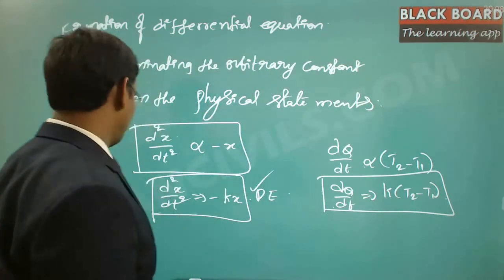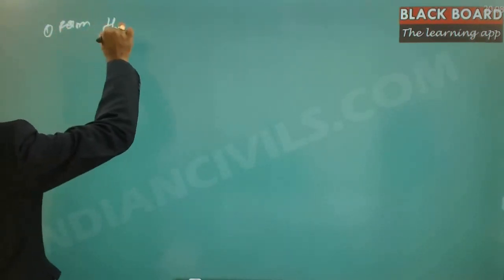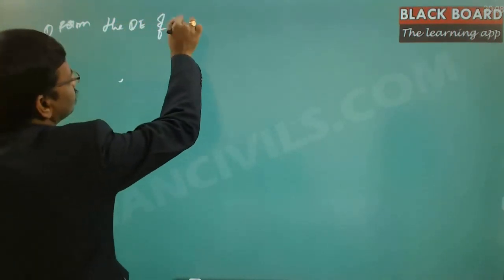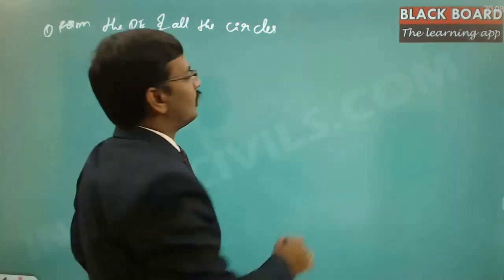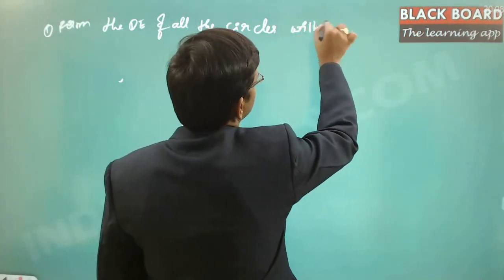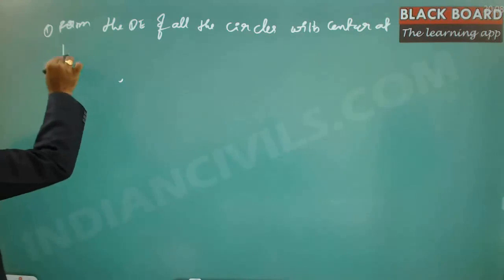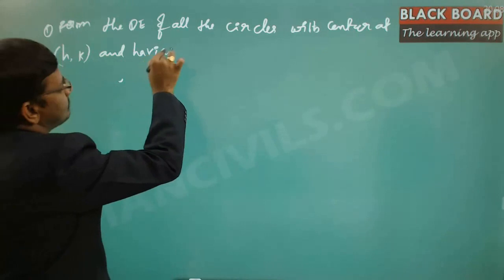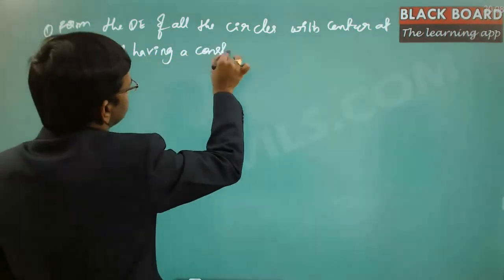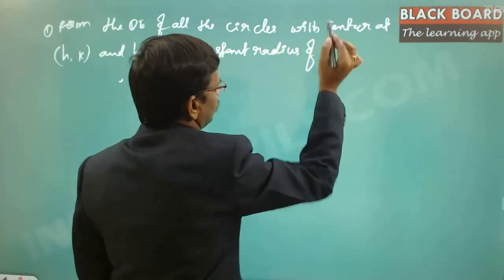Suppose I take any particular equation, let us take this statement: form the differential equation of all the circles with center at h comma k and having a constant radius of a. Now this is the statement.